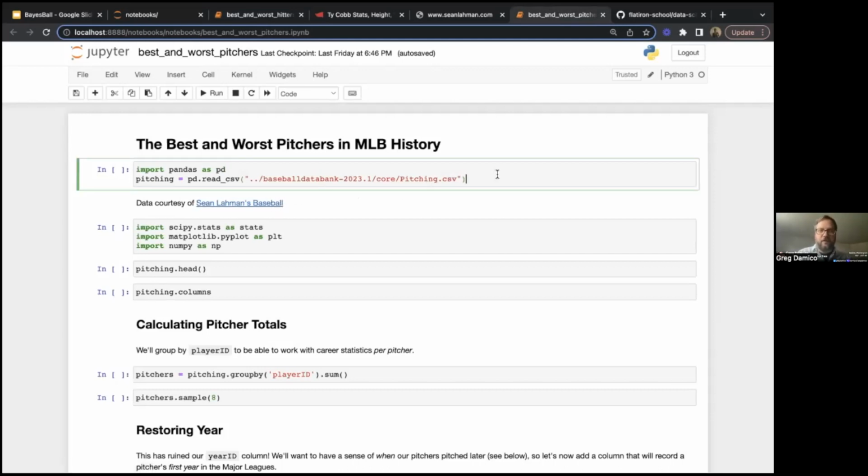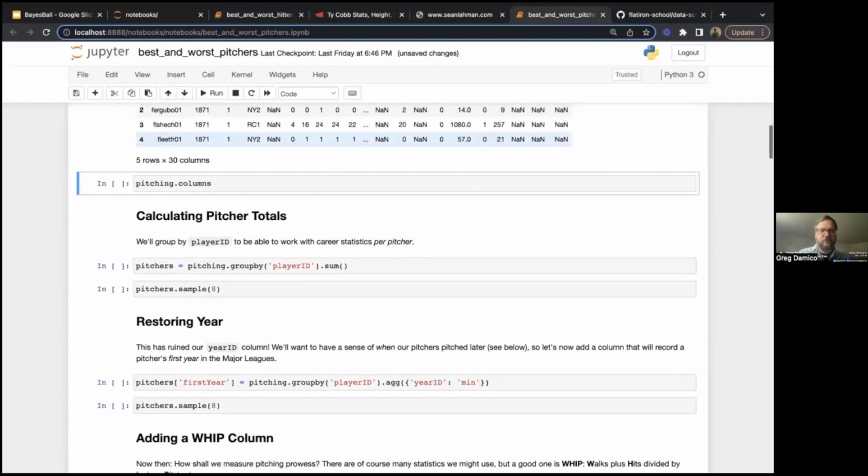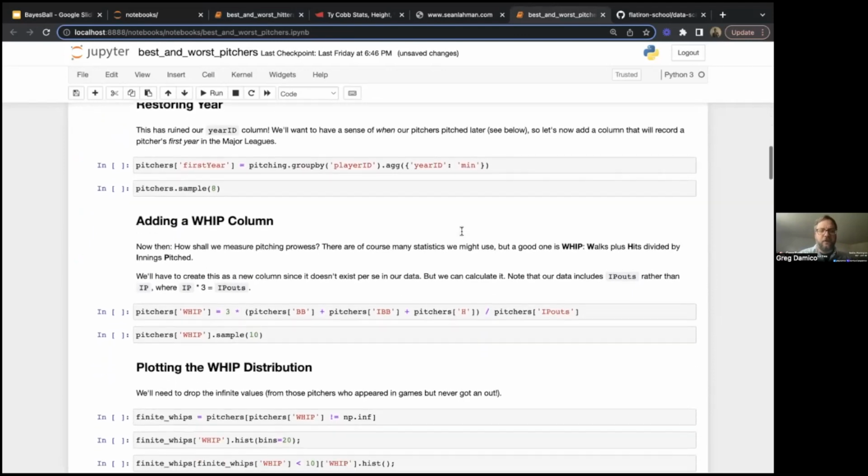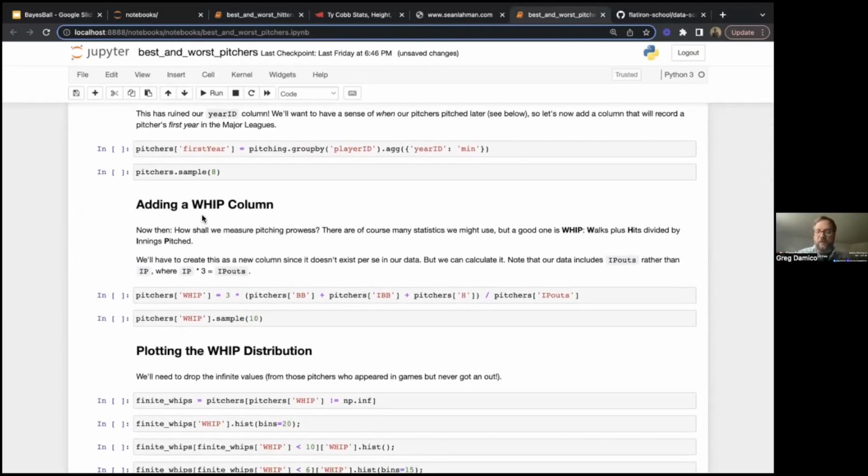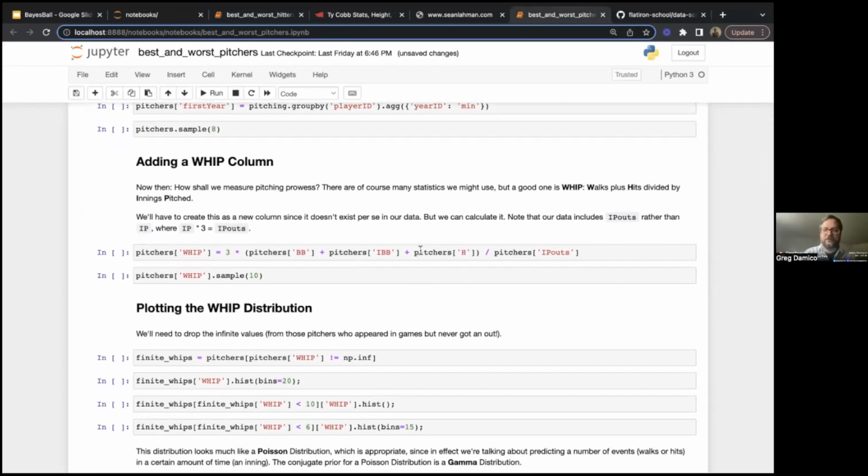And so if I bring in my pitching data here, I won't go through this, but we need to add a WHIP column again. There's a little bit of a complication because in the raw data, they have something called IP outs. This is not straight innings pitched.